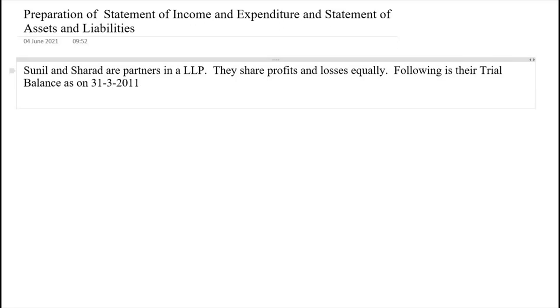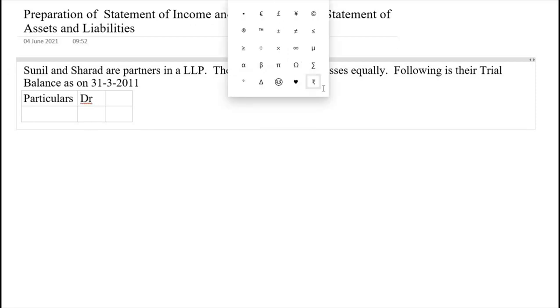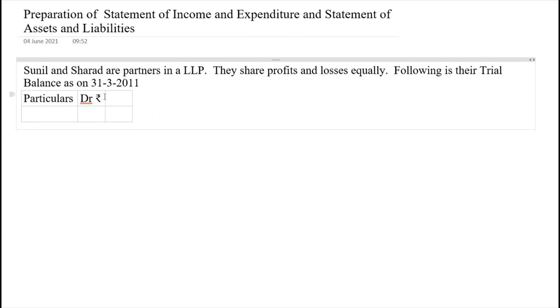So let me insert the columns here. Three columns: particulars, then debit in rupees, then credit in rupees.